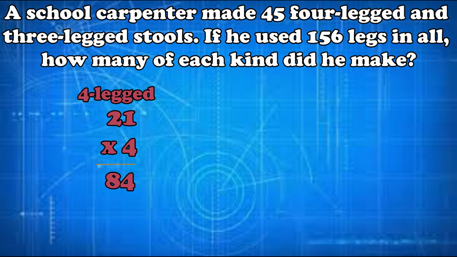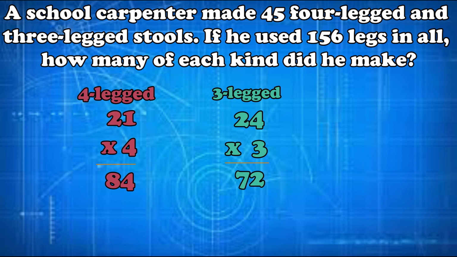Next, for the three-legged stools, we have guessed that there were 24. So 24 times 3, that is equivalent to 72, which means there were 72 legs used for the 24 three-legged stools. Okay, so let us have further verification. 21 plus 24 should be equivalent to 45 stools.